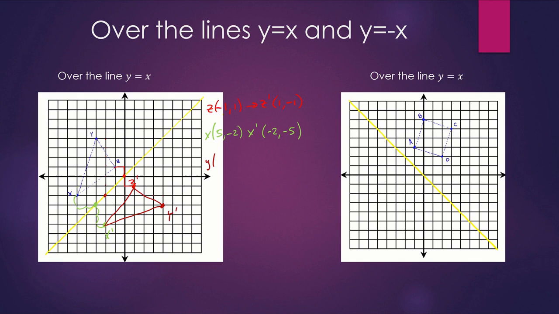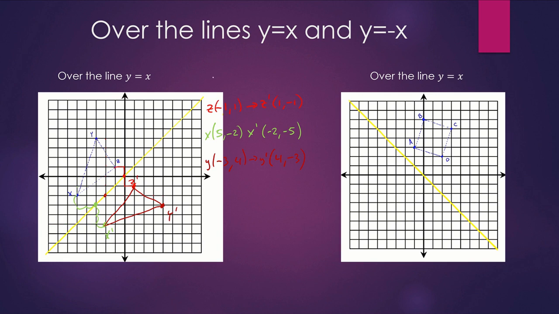So y was at -3, 4. Y prime is now at 4, -3. And so with that information, see if we can figure out what the rule is.